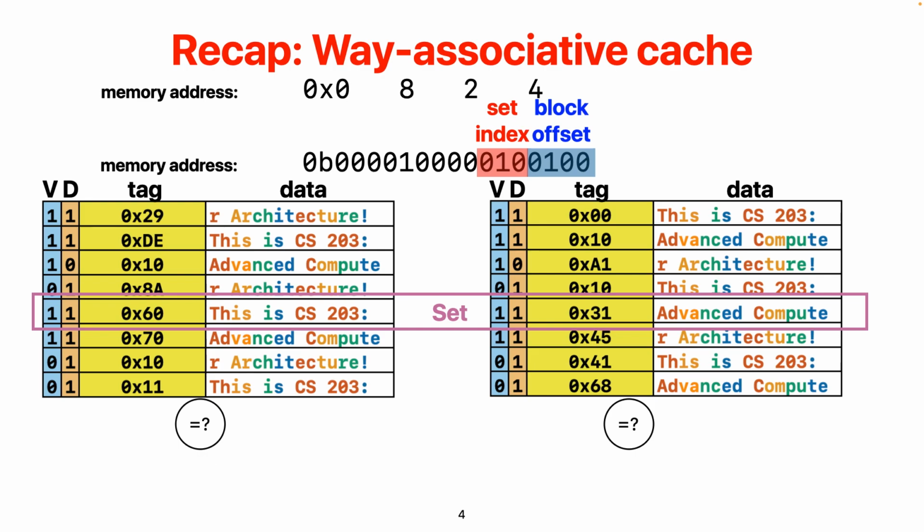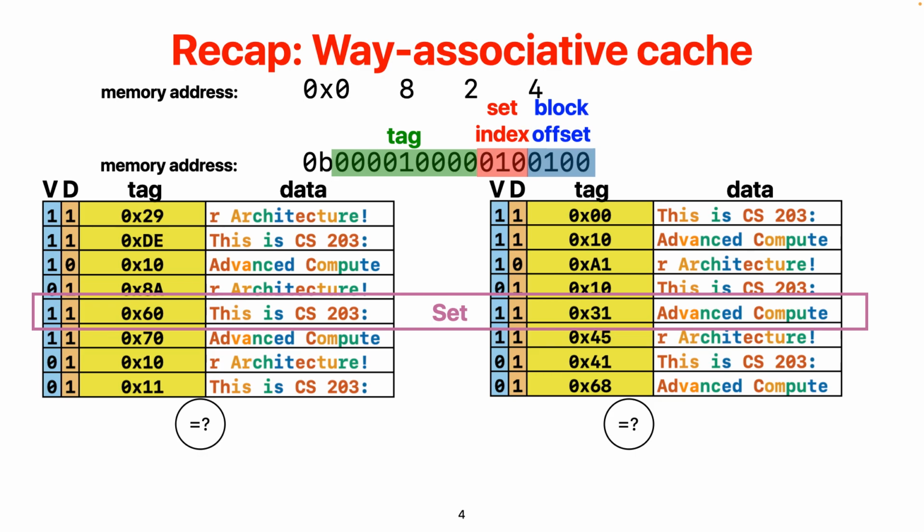For this figure, we have 8 sets, so that's why we need 3 bits as the set index. And the remaining part, because every byte in the block has the same prefix in its memory address, can be used as an identifier to see if this block contains the data that I want.